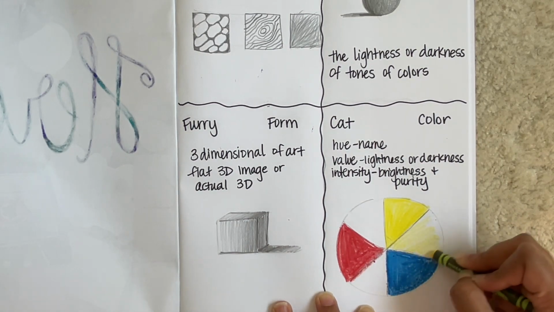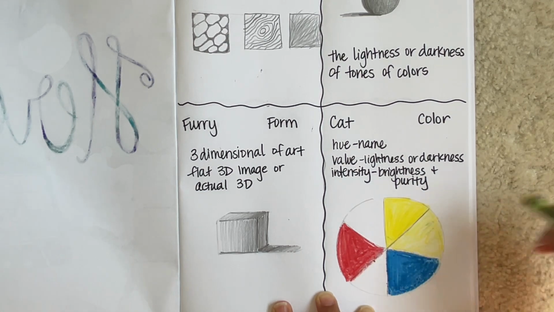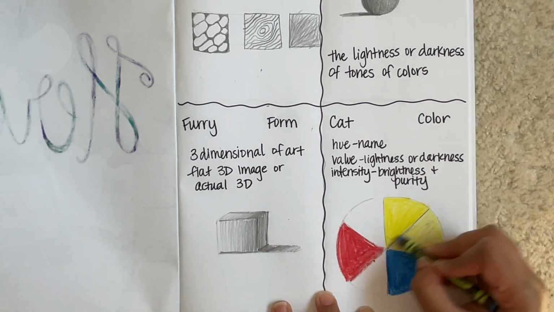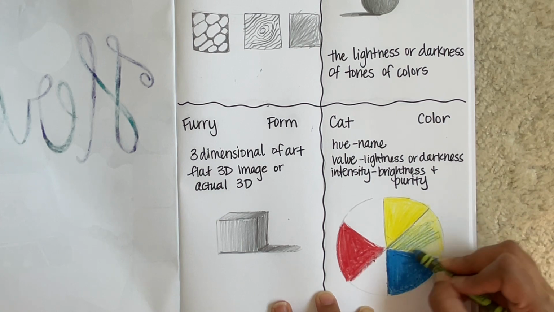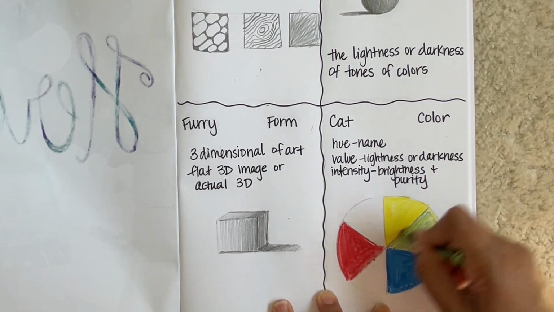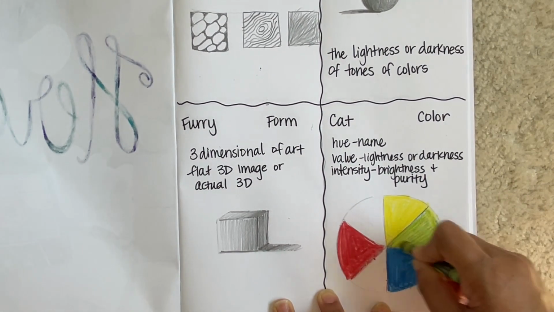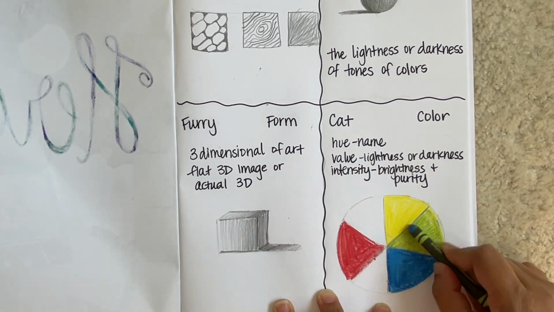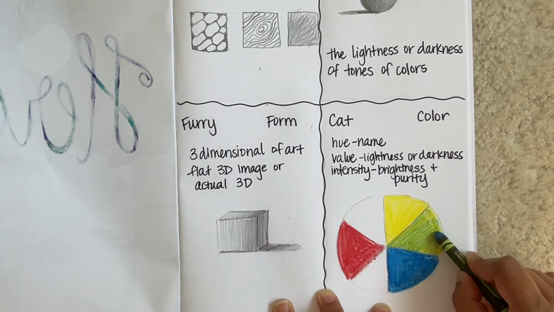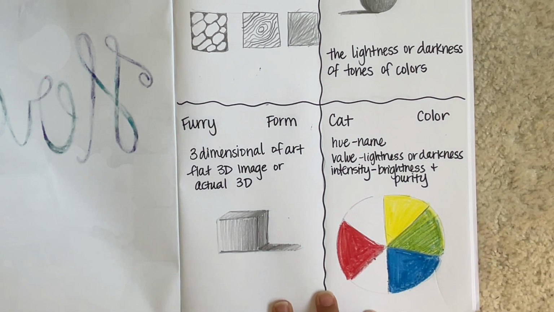So I'm gonna use not as strong of a value. And then I'm gonna put blue over it. I'm gonna do yellow again. And just keep going until I can create that green that I want.